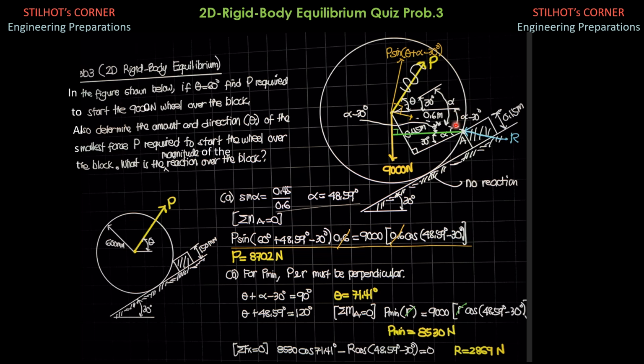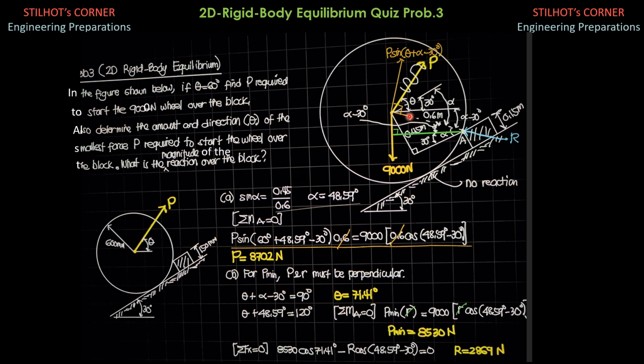The total angle that P makes with this line, the line of R, the reaction, is theta plus alpha minus 30 degrees. That's why we resolve P into two components, one passing through this corner here, and the other one perpendicular to this line, which is P sine of the angle that P makes with this line, P sine of quantity theta plus alpha minus 30 degrees.